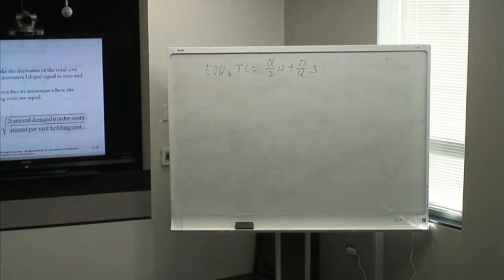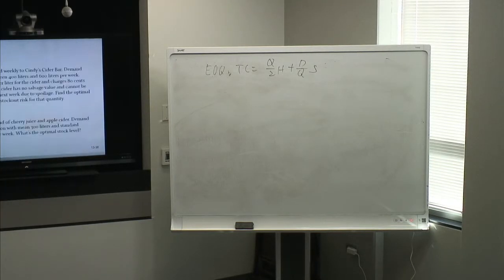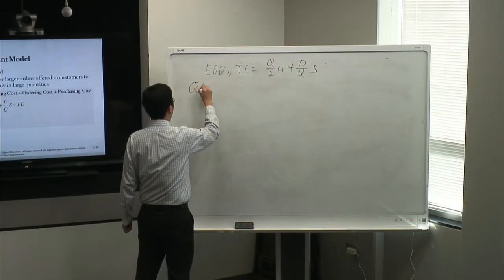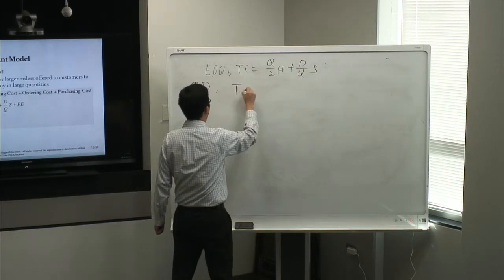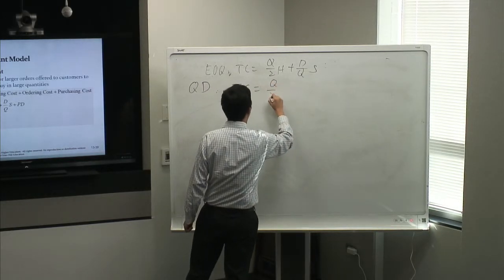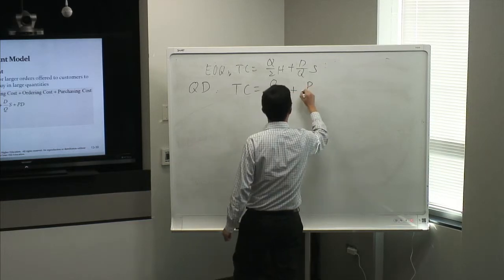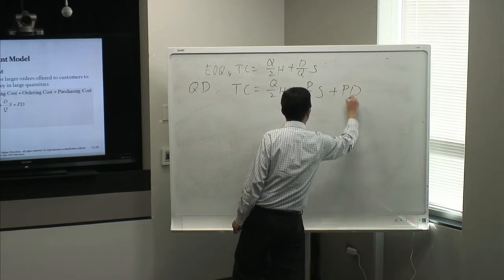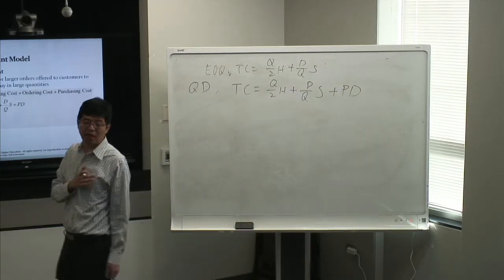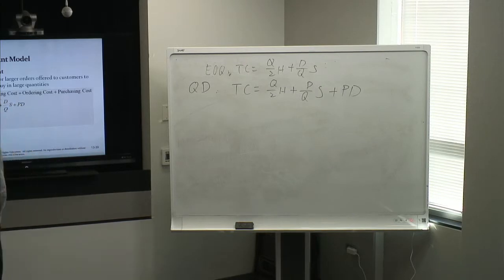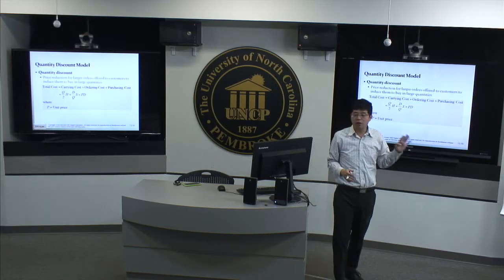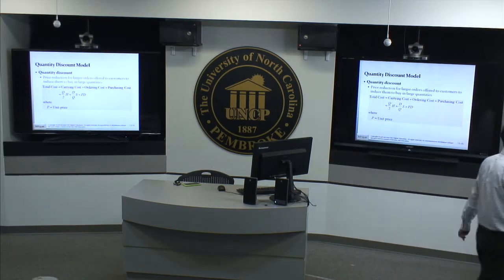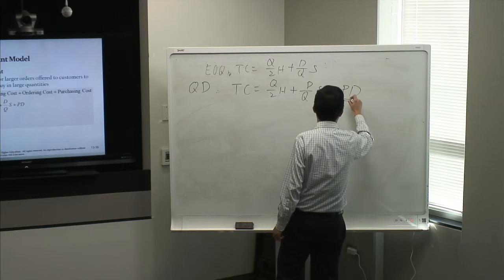Now the quantity discount model's total cost function is the same thing, except we have the purchase cost. The holding cost is the same, the ordering cost is the same, but for the quantity discount model, we add the purchase cost, PD here.